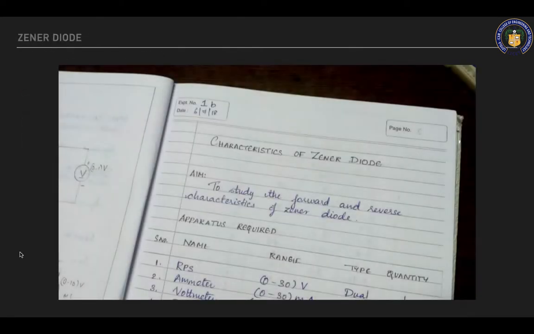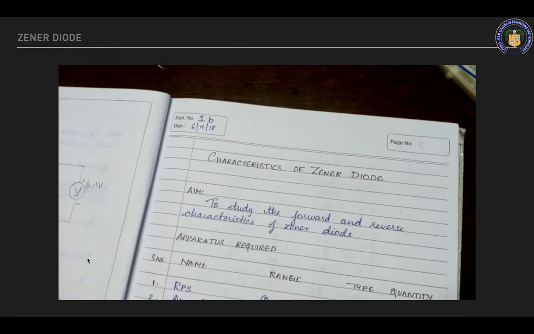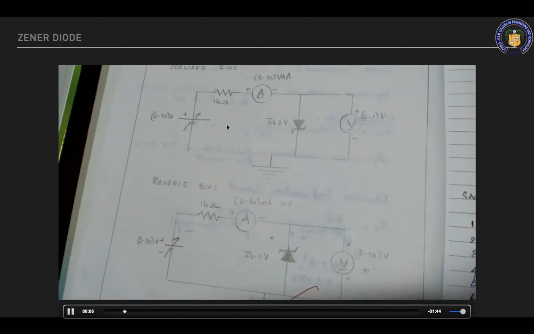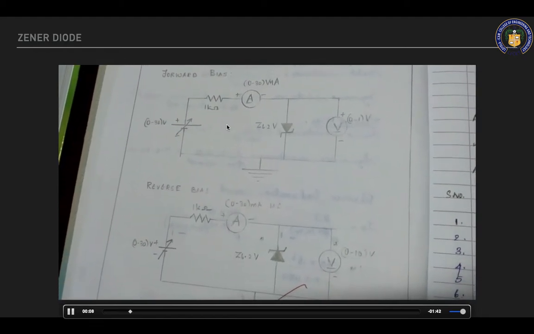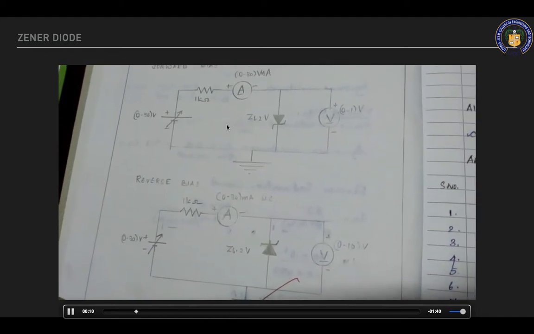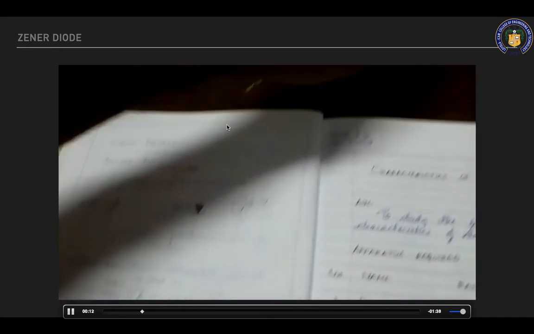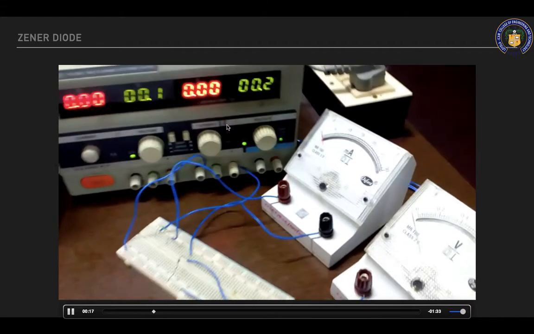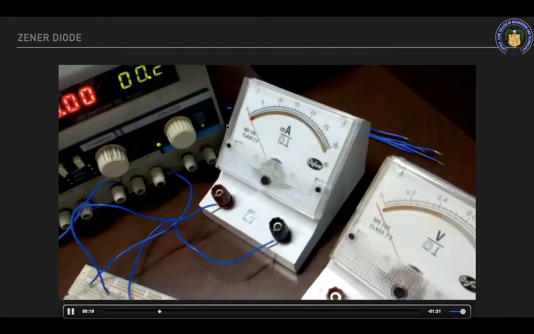Zener junction diode. Connections are made as per the circuit diagram. Switch on the supply. Varying the voltage, take corresponding readings.